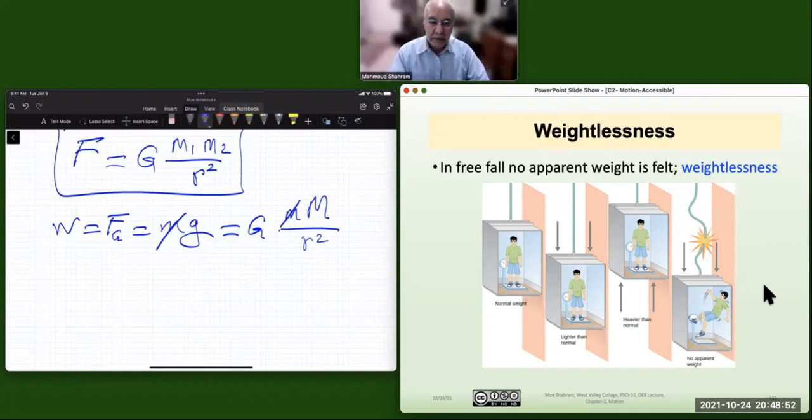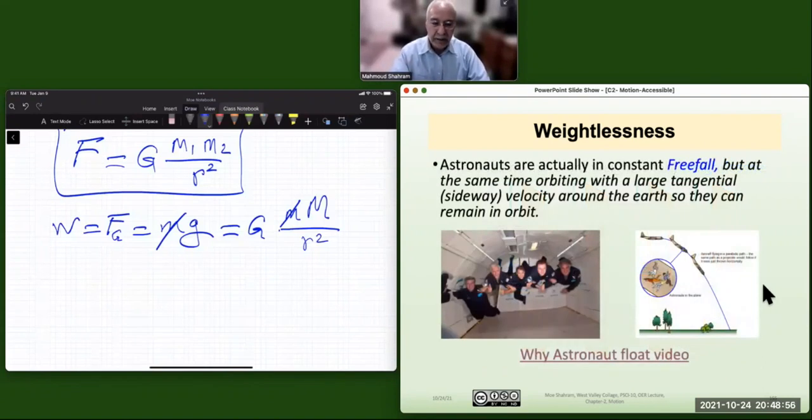That's what happens with astronauts, with these guys who went up there for a ride. For a short period of time, they were weightless, they were floating. What happens, and you see this, I think it's Elon Musk here, right?